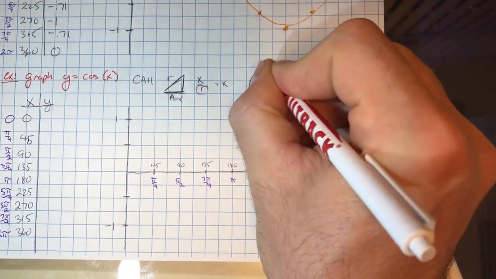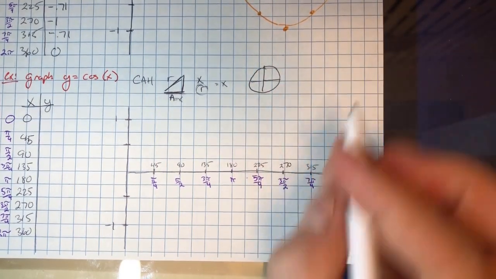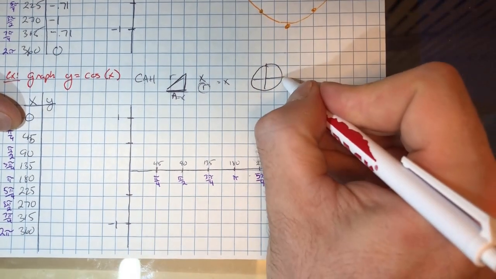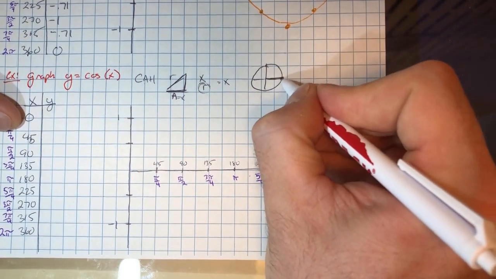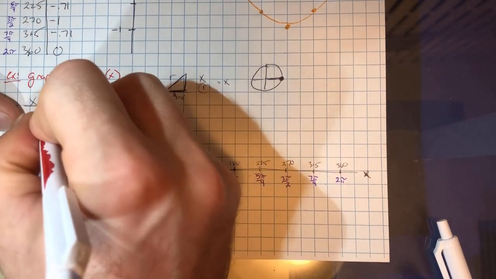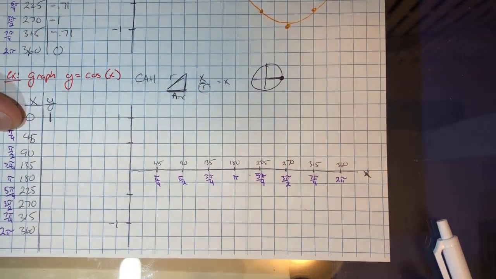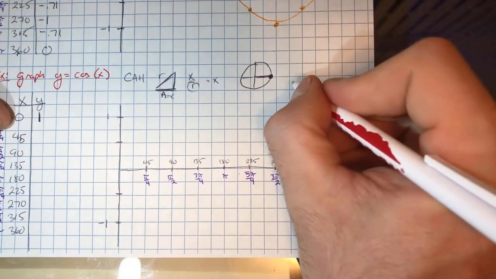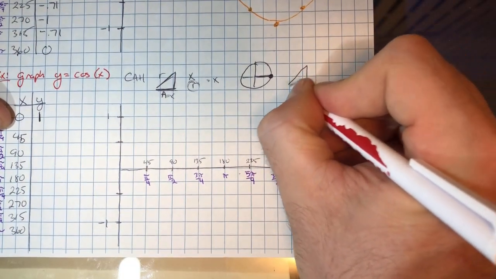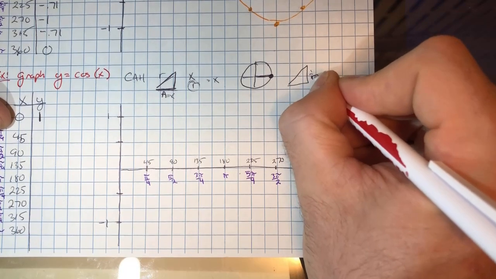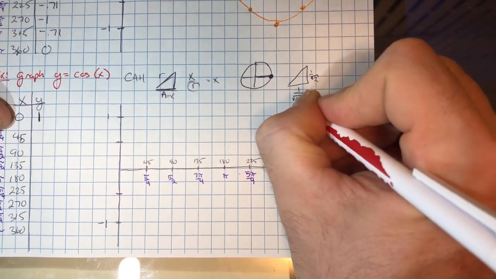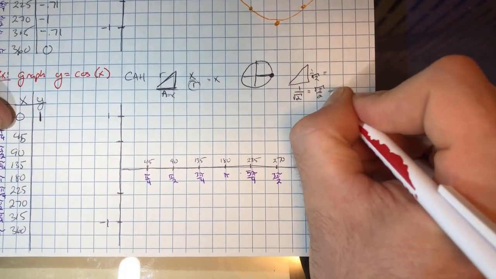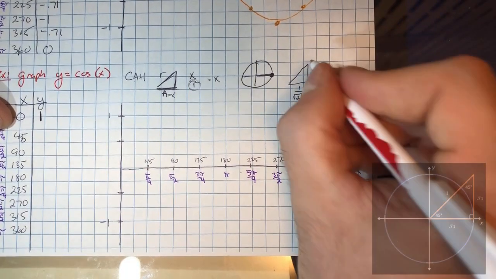I'm going to quickly draw my unit circle up here just so I know how to check. Well, at 0, my x value is all the way over at the very end, so I know my x value is 1. And as I go up, now I'm at my 45, 45, 90 triangle, which is 1 over the square root of 2, which we said is equal to the square root of 2 over 2, which is 0.71.